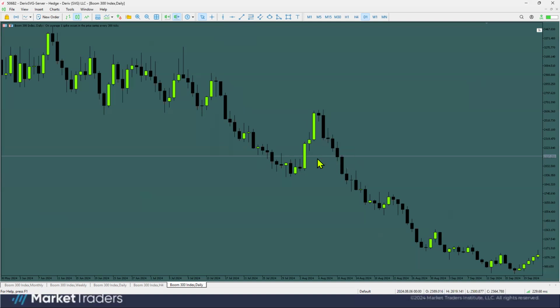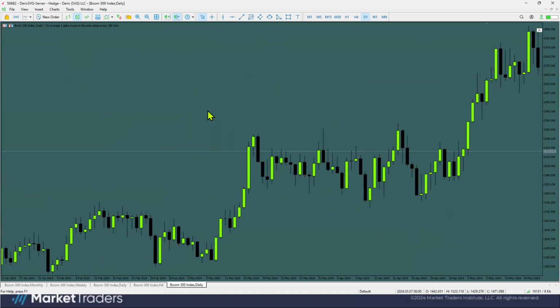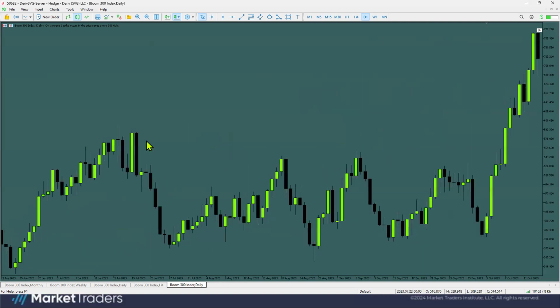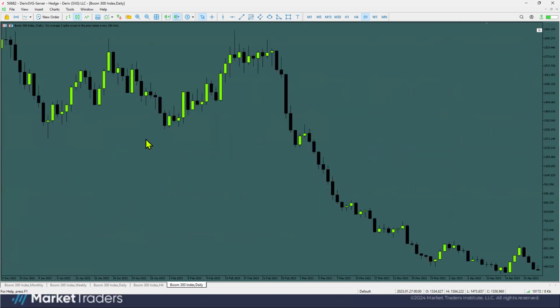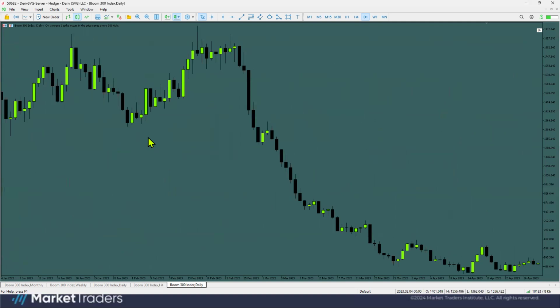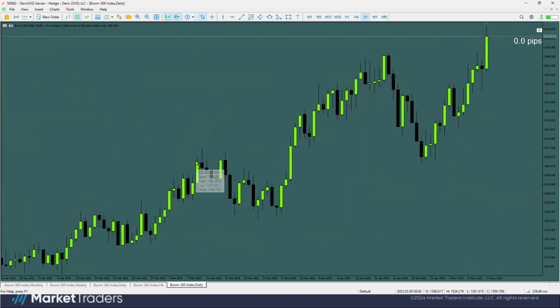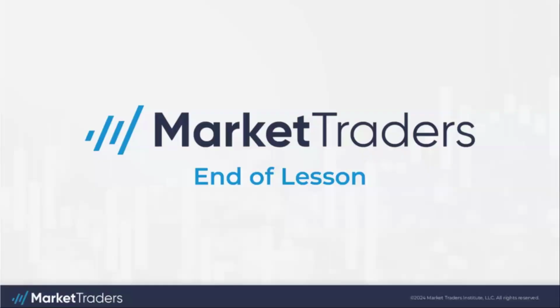Bullish, bearish, sell. So that's basically how you take advantage of candlesticks to see what's happening in the market.